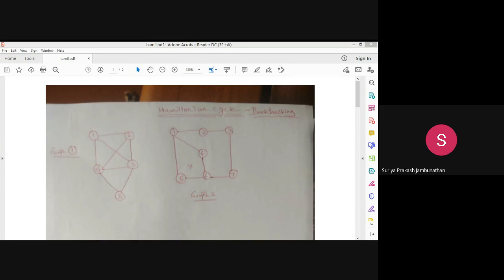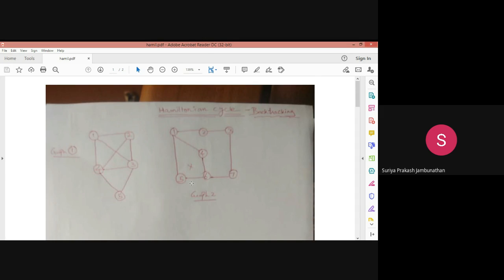So that also does not come under a Hamiltonian cycle. Okay. So we are missing 4 or 5. Node 4 is missing when you are going via 5, and node 5 is missing when you are going via 4. So those are the missing nodes. So it will not form a Hamiltonian cycle.